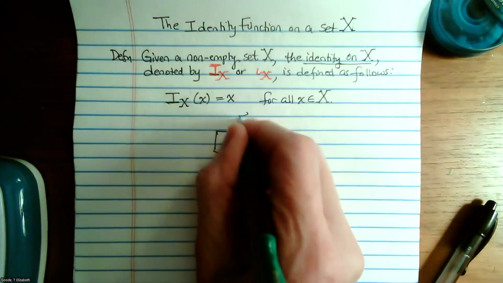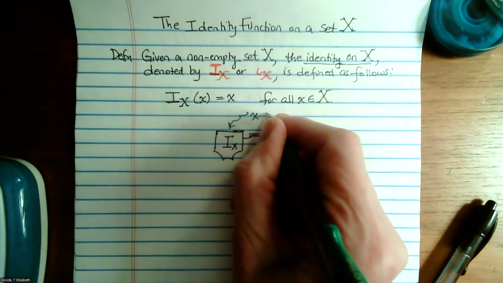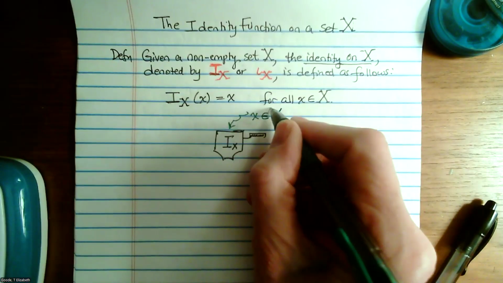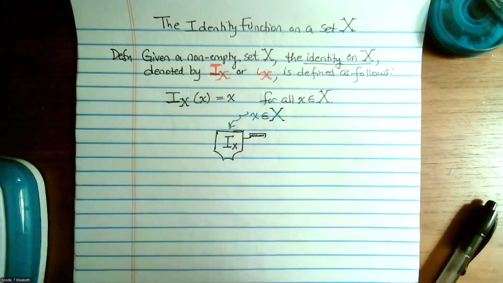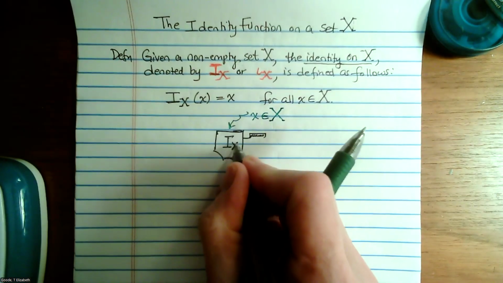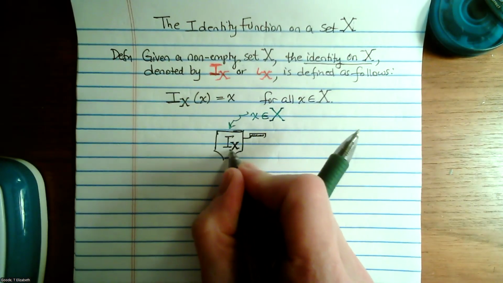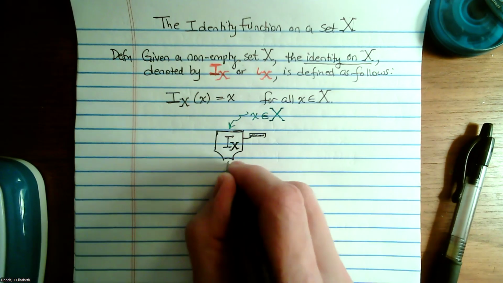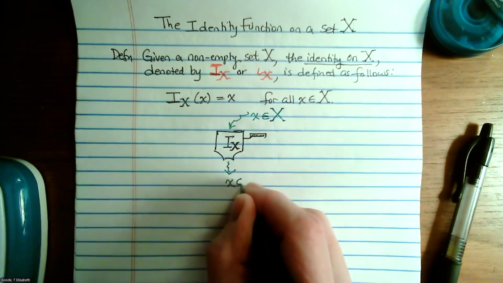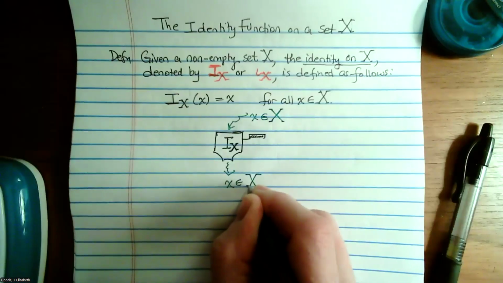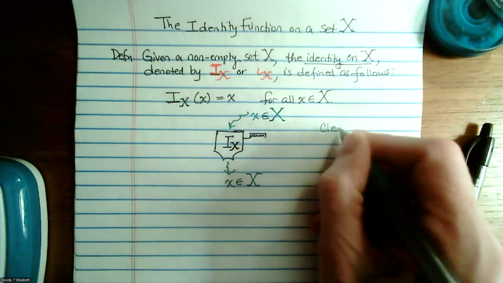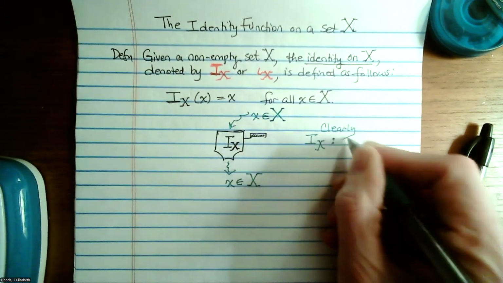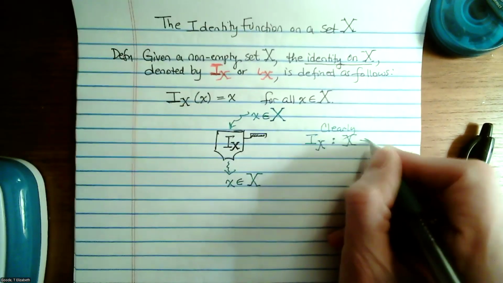So you drop an element little x from this set big X, which is both the domain and the codomain of the identity function on X, and out comes X, the same X. And clearly, the identity function on a set X maps from that set X back into that set X.